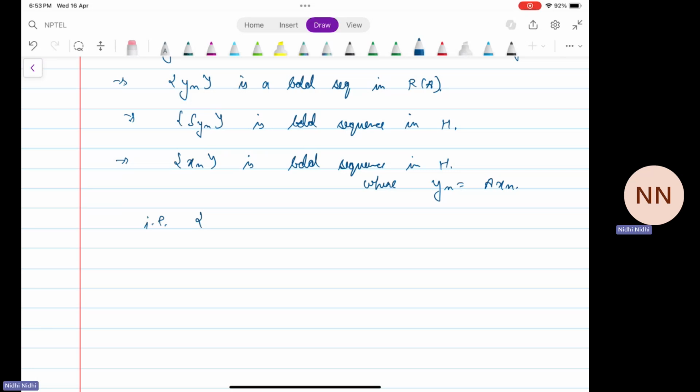So now Xn is a bounded sequence, and A is compact.